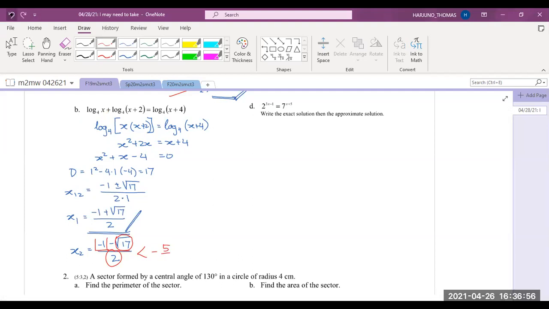And we don't allow the argument of any log to be negative. So I have to cancel this one and just cross it out like that. That's good enough. Okay, you cross that one out and then you box the answer that qualifies.